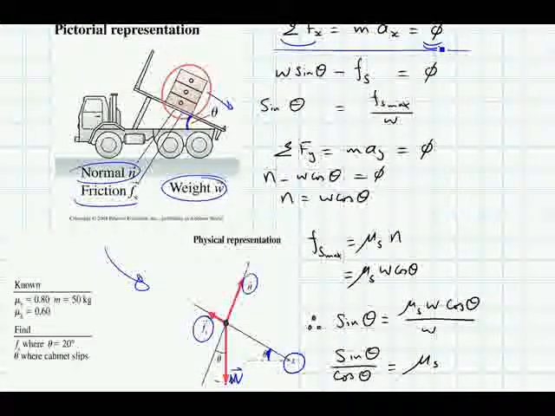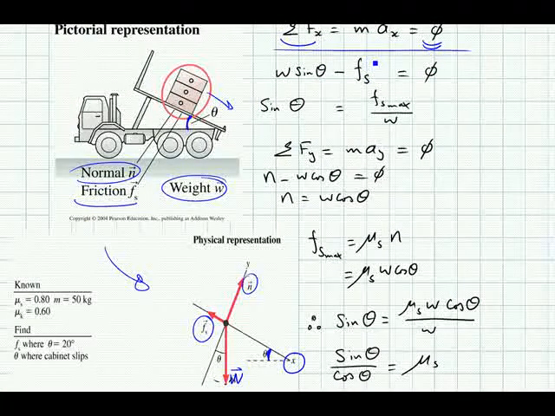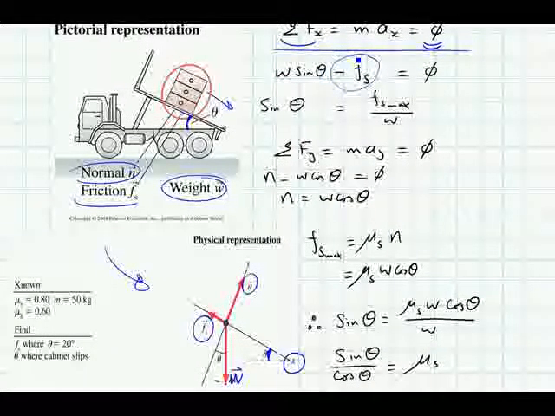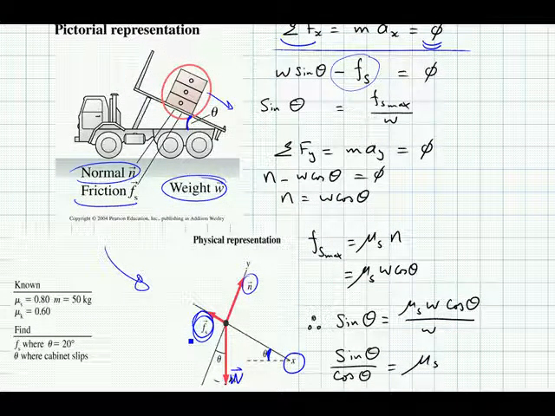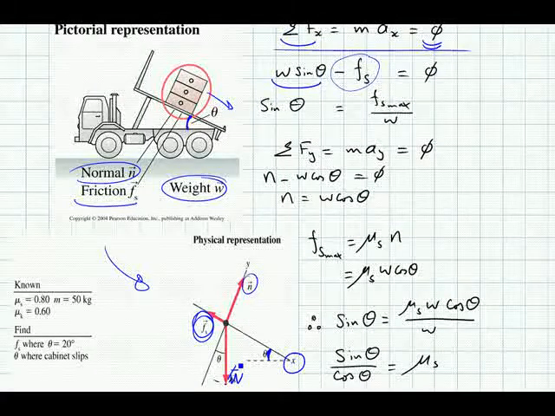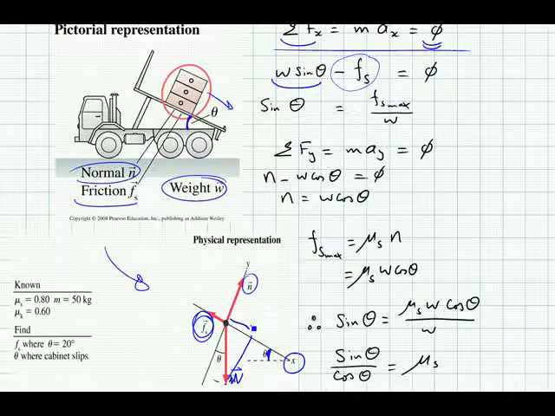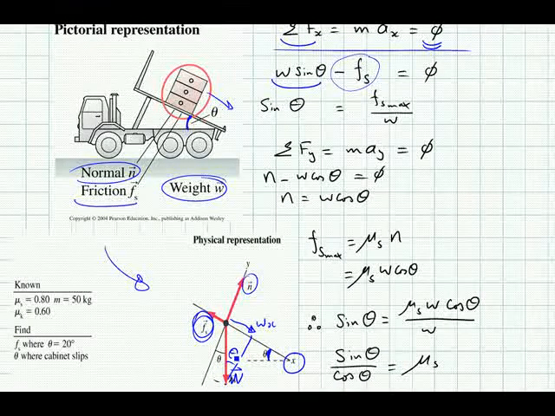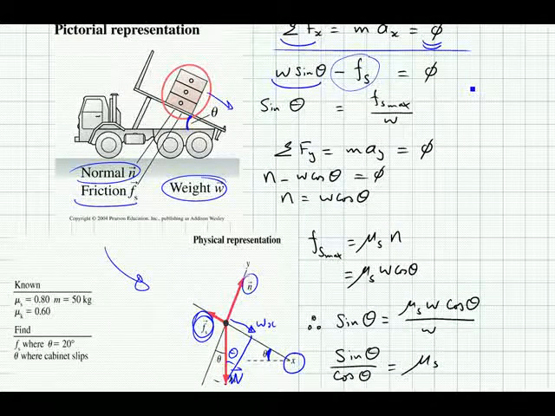Well, it's minus Fs, the friction force that we have, and W sine theta, which is the x component of weight. And if you look at this triangle there, you see that Wx is equal to W sine theta.